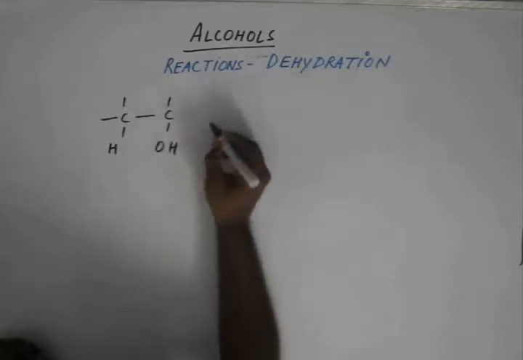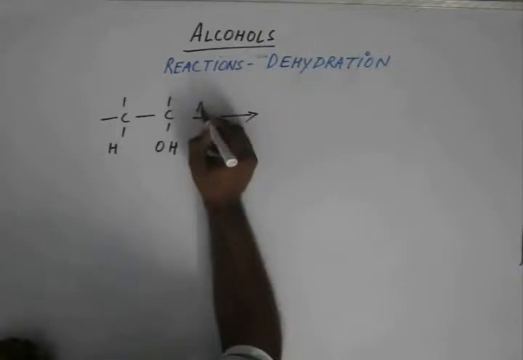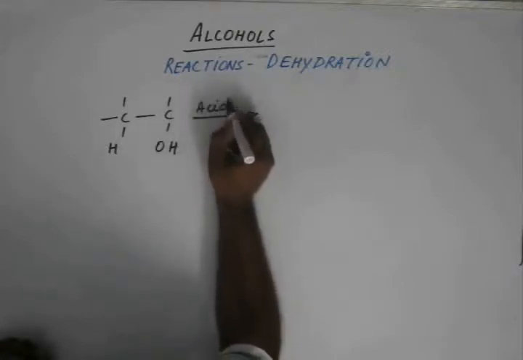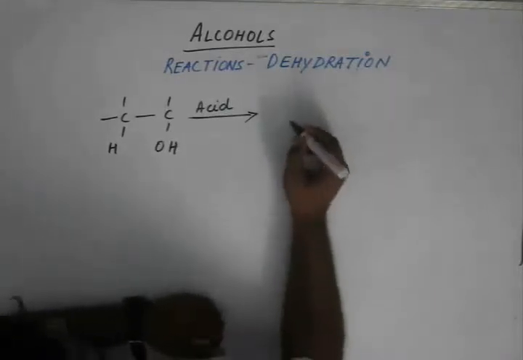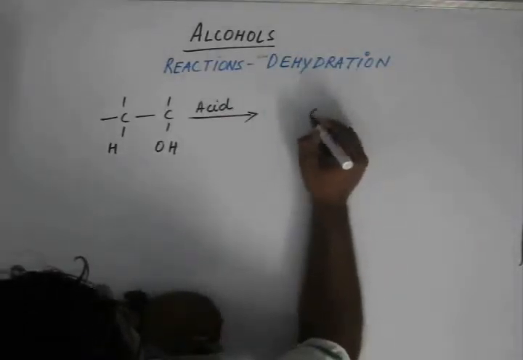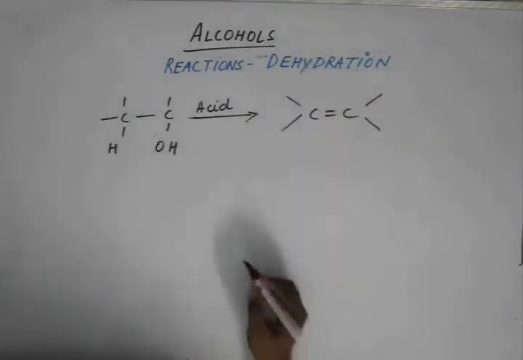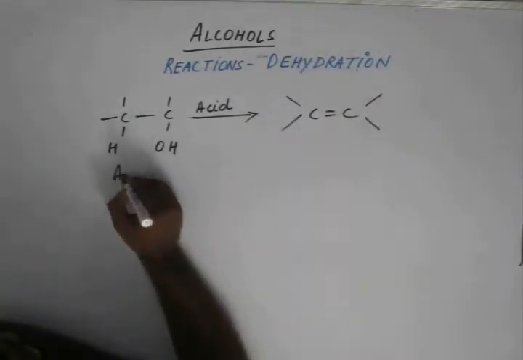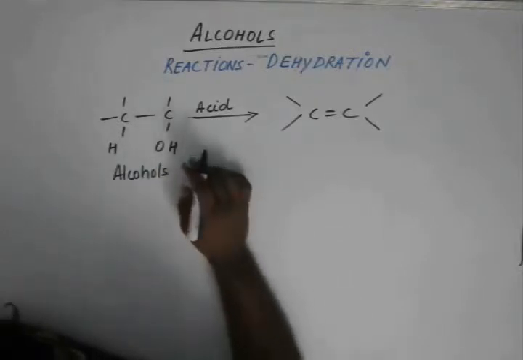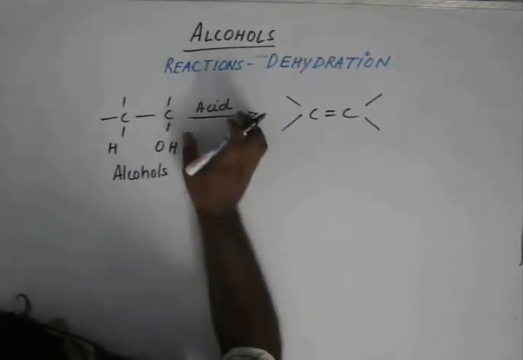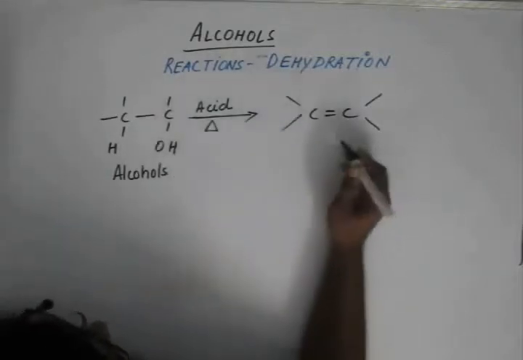Okay, so let this be an alcohol. When an acid is added to the solution, we are left with an alkene. So when alcohols react with acids under high temperature, we get alkenes.